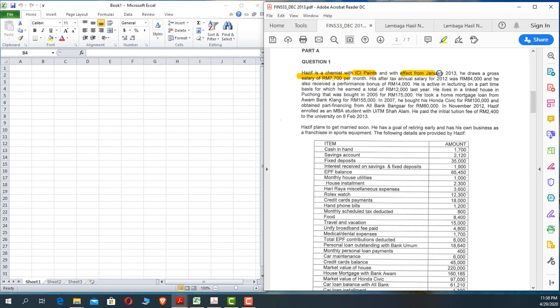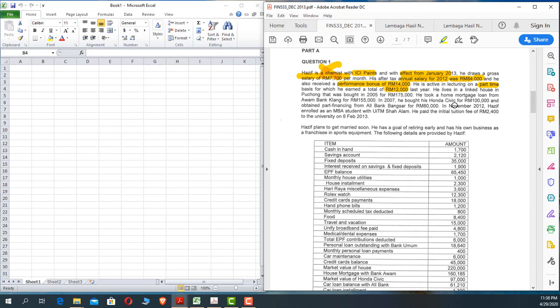This is effective from January 2013, and it also has the annual salary for 2012 yang harga dia based on 84,000, and also receive a performance bonus 14,000, and also part-time lecturing, part-time lecture RM 12,000, and this is the house lah.